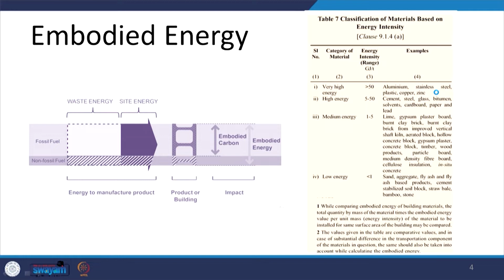If we look at the National Building Code of India in its latest 2017 revised version, we can see that a discussion has been incorporated which talks about the embodied energy of different materials and how we should select these materials. Unfortunately, in India, the database related to embodied energy is still not commonly available, and there are several materials for which we do not really have the embodied energy values.